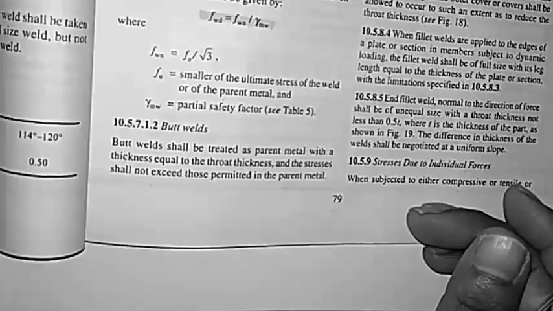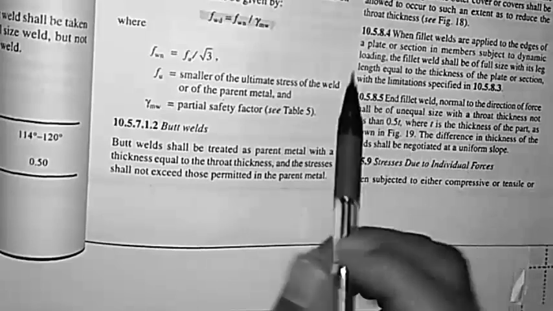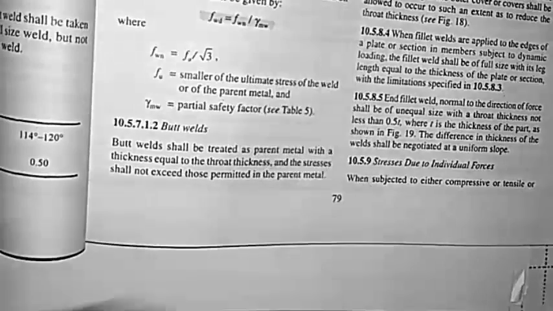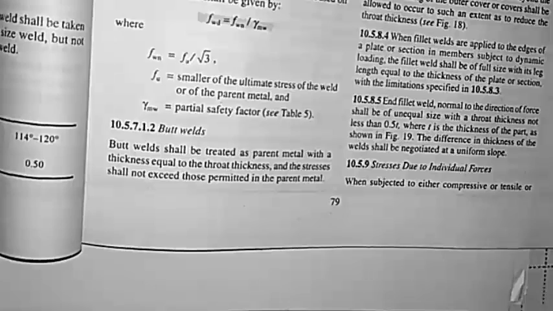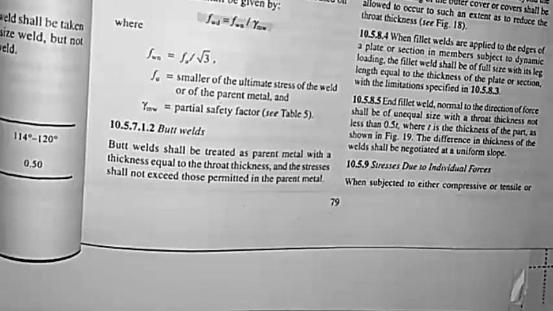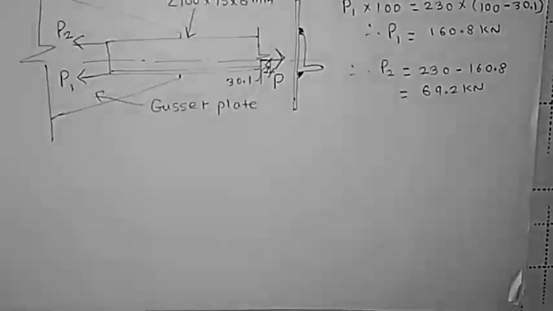So here you will get strength of the fillet weld, that is FWN by gamma MW. So this we can calculate.